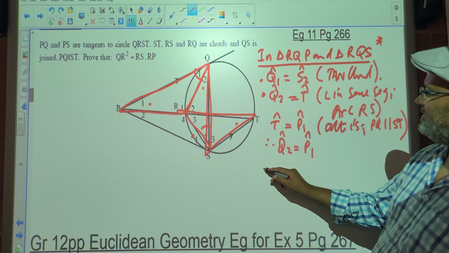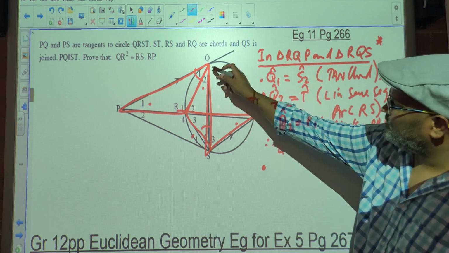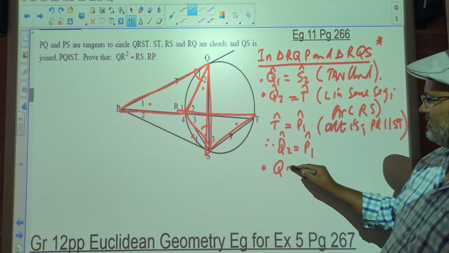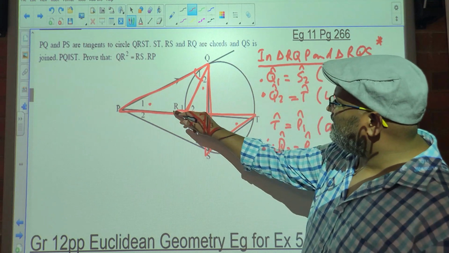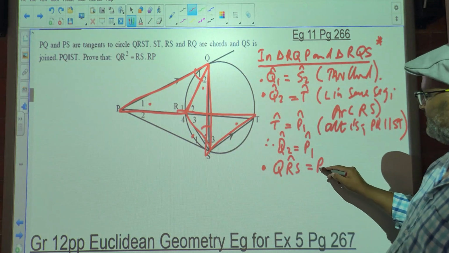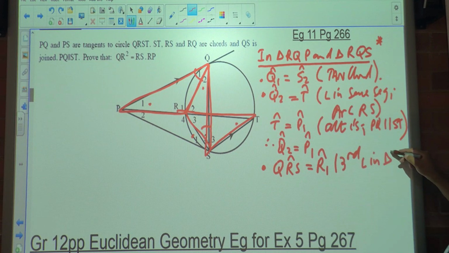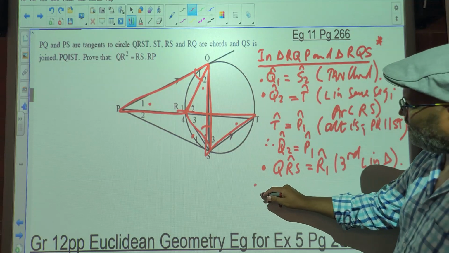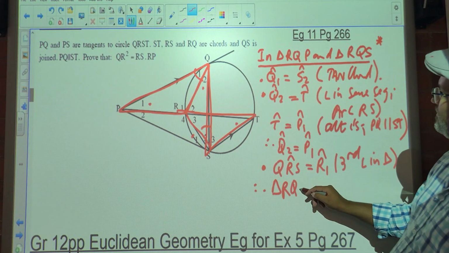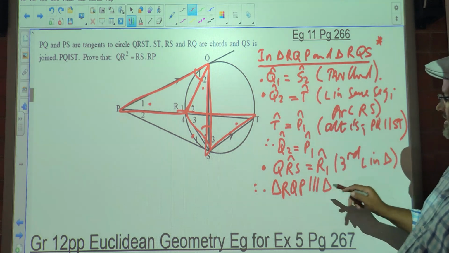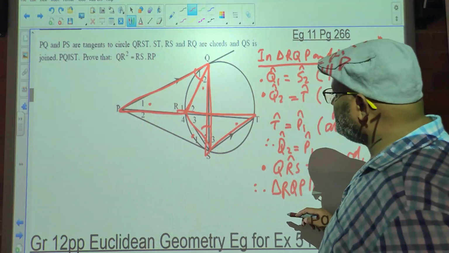And the third angle, of course, is going to be QRS. QRS is equal to angle R1. Why? It's the third angle in the triangle. So therefore, triangle RQP is similar to triangle RQS. Now the order is important. Okay?